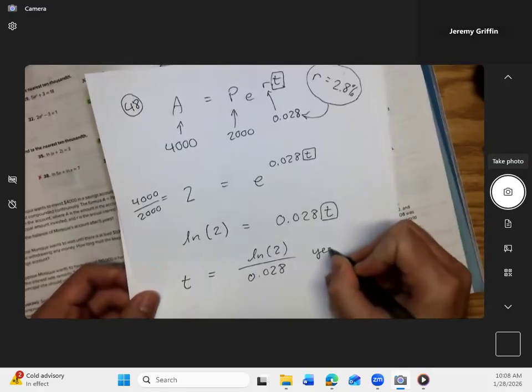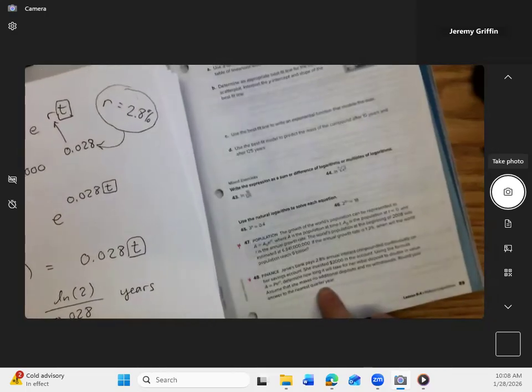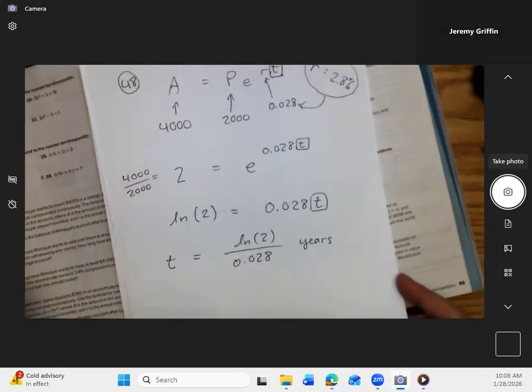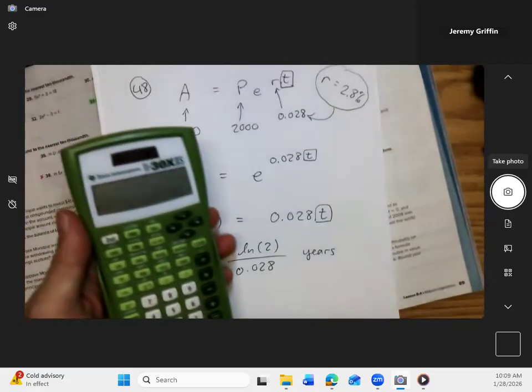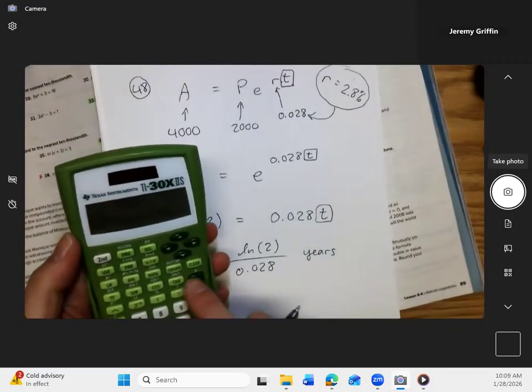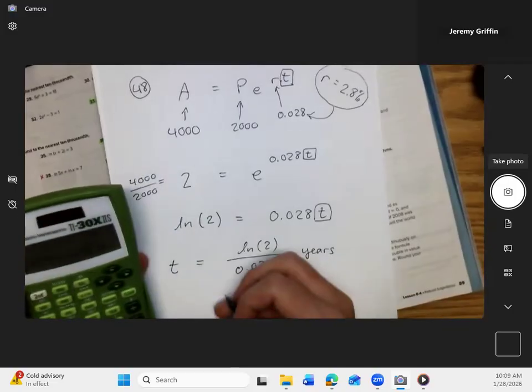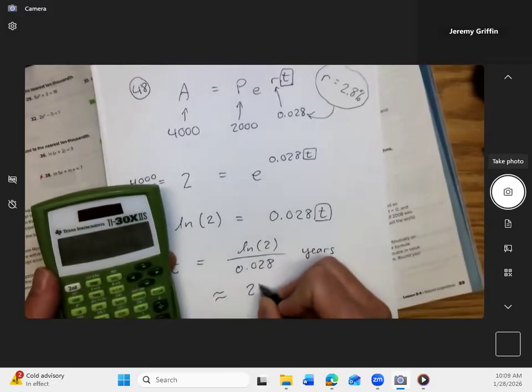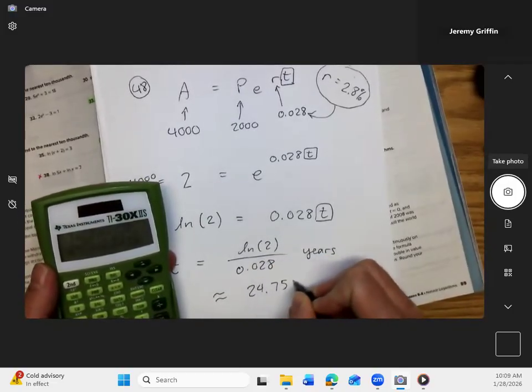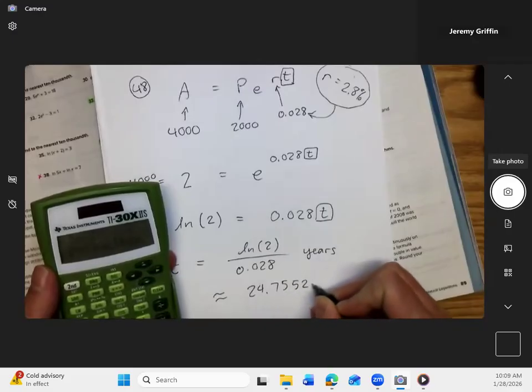Okay, years. Now it says round your answer to the nearest quarter of a year. So natural log of 2 divided by 0.028. So that's approximately 24.755 to something here.